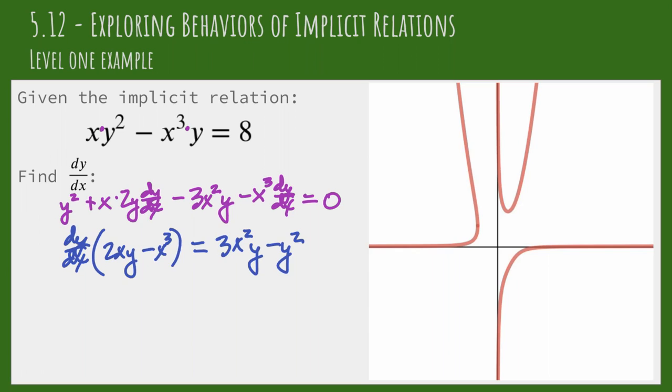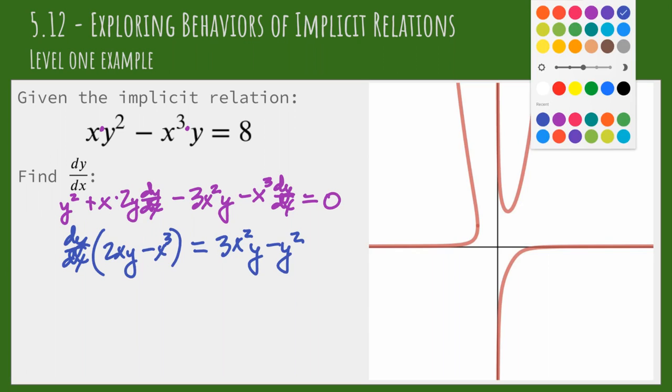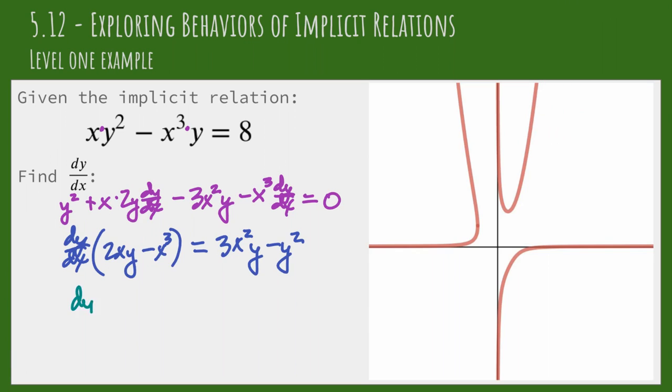And then we divide both sides by 2xy minus x cubed. So we get dy/dx is equal to 3x squared y minus y squared over 2xy minus x cubed.